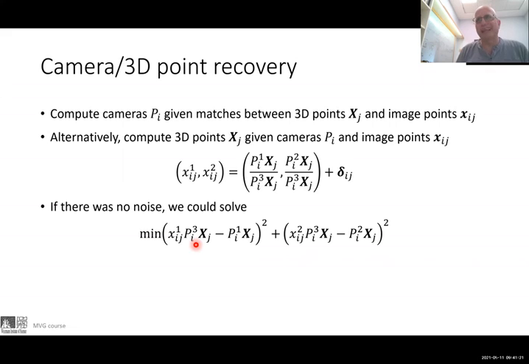The reason we don't like this solution is that here we didn't assume anything about the noise. In general, the noise should be in the measurement. And if we assume that delta is Gaussian, then this would not be the appropriate problem to solve.